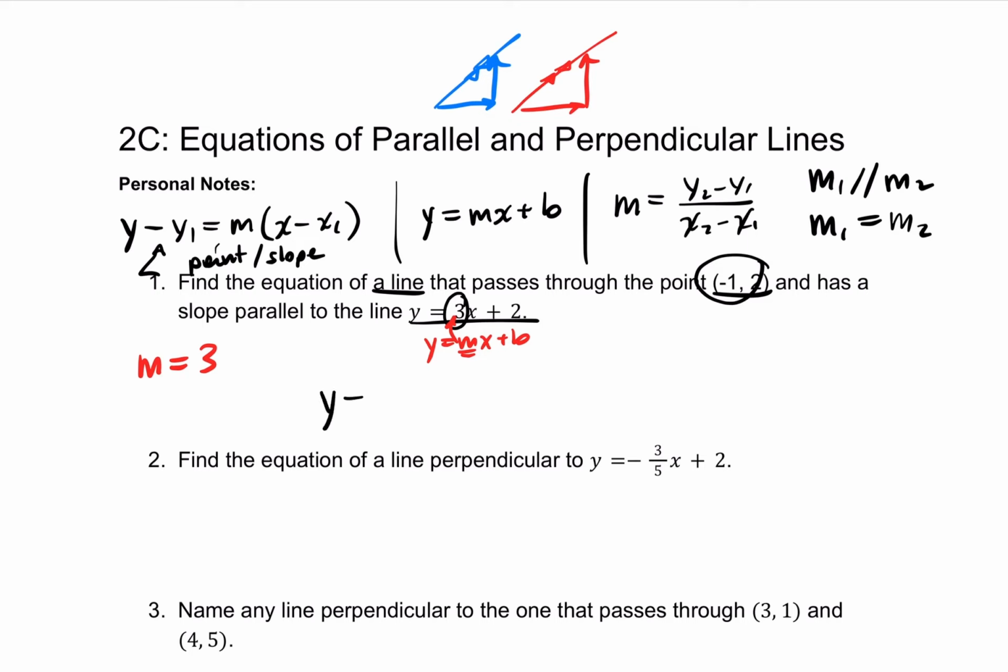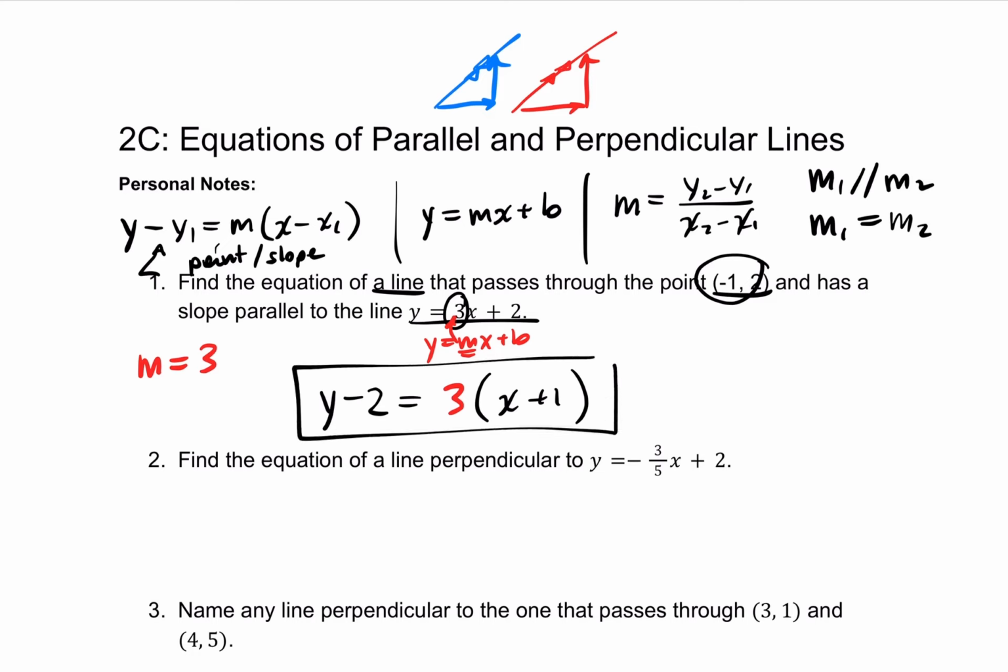So y minus 2 equals m times x minus x1, which is really x plus 1, minus a negative 1, and our m should be 3. And there you go, this is the equation of a line. Bonus points if you simplify to y equals mx plus b form so that it's easy to graph, but you don't have to for this problem. It just wants the equation of a line, and that's sufficient.